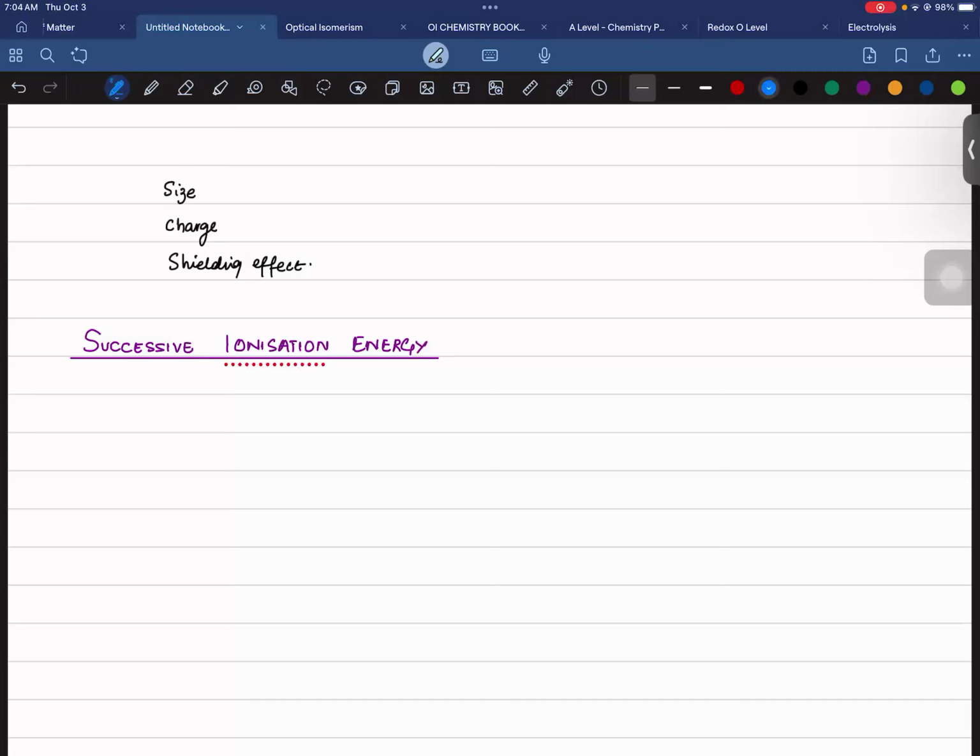Successive ionization energy means that if you have this element, let's suppose we have magnesium in gaseous state, you are going to provide energy, obviously, then it would be removing its outer electron, forming what? Mg positive ion. This is called the first ionization energy.